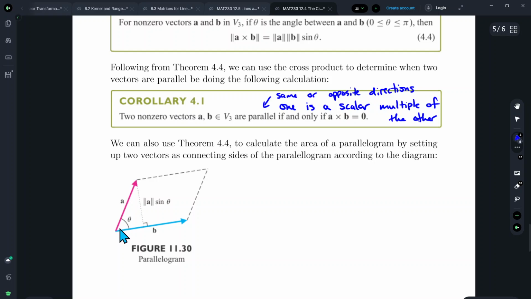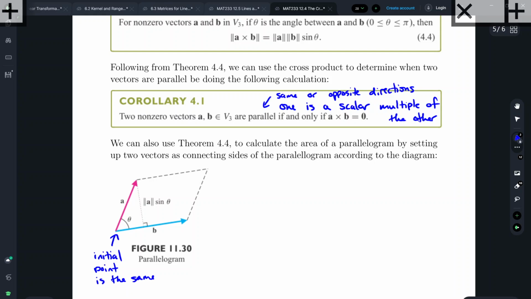If you arrange the two vectors A and B so that the initial point for the two vectors is the same, which is important here, then the two vectors form a parallelogram. This side is parallel to this side, and this side is parallel to this side.